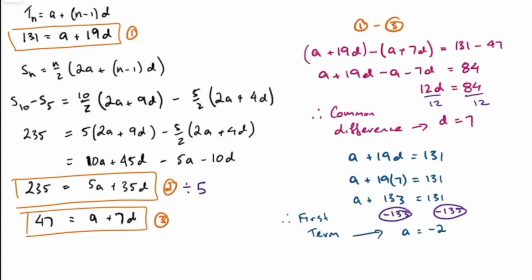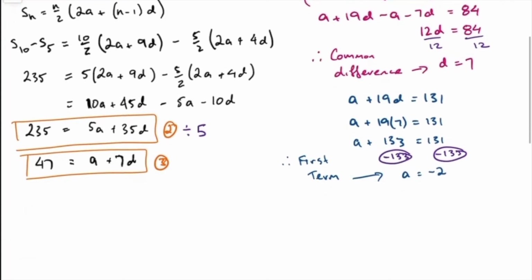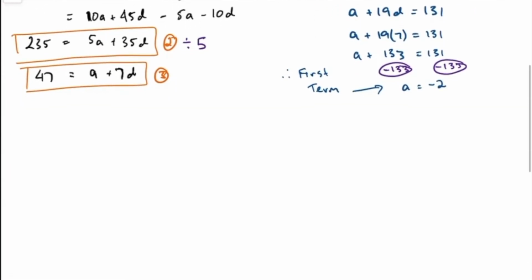Okay, so now we have all the bits and pieces of information that we need to find the sum of the first 20 terms. Start with our formula. Easy way to go is always to start with the formula first.